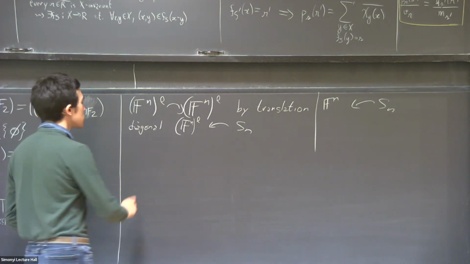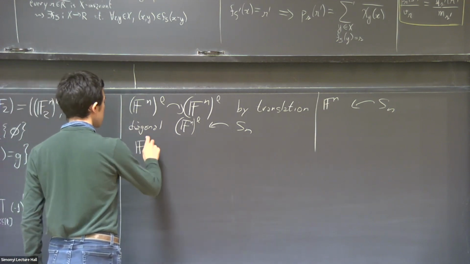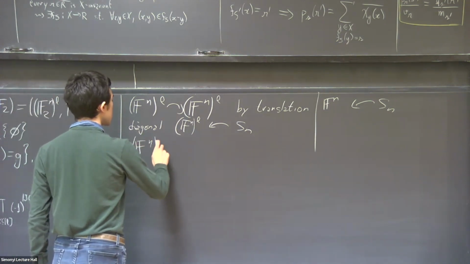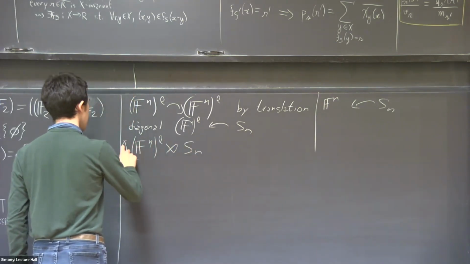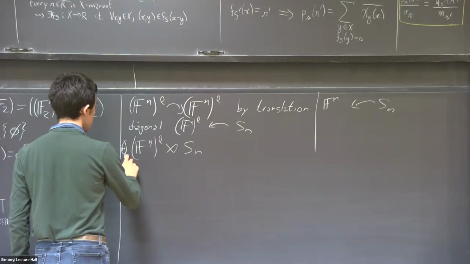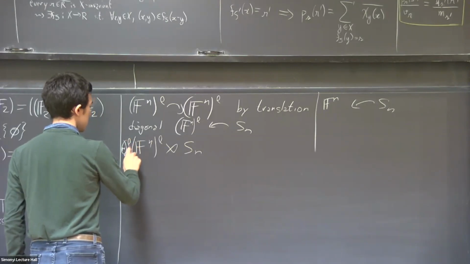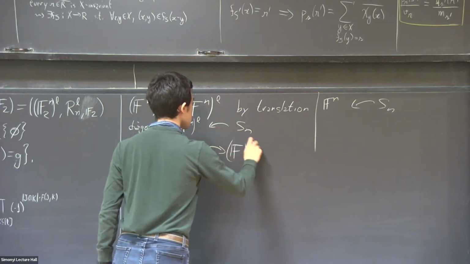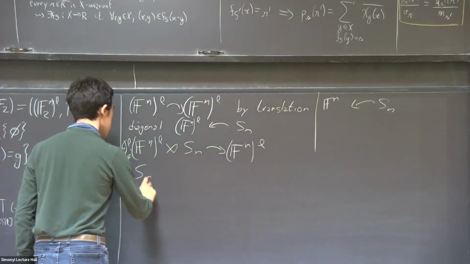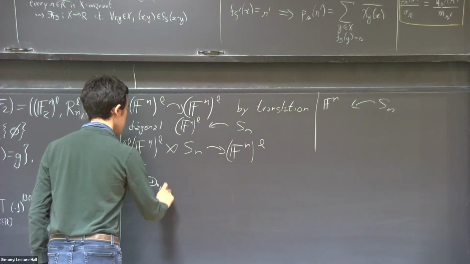Now, when you put these two together, you're going to get these weird semidirect products. Again, they don't commute. And you get this weird action of the semidirect product, and the claim is that this happens.